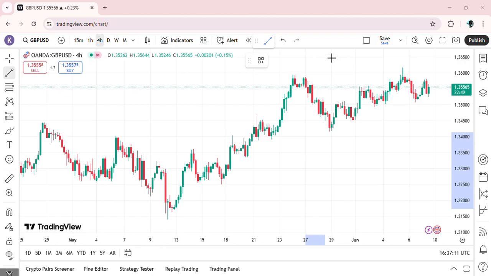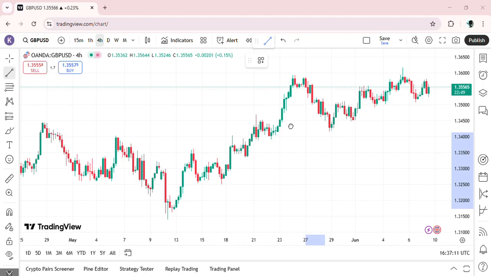And then here we are going to have lower lows. Lower lows on this. If you check on each low, you will see it's lower compared to the previous one.